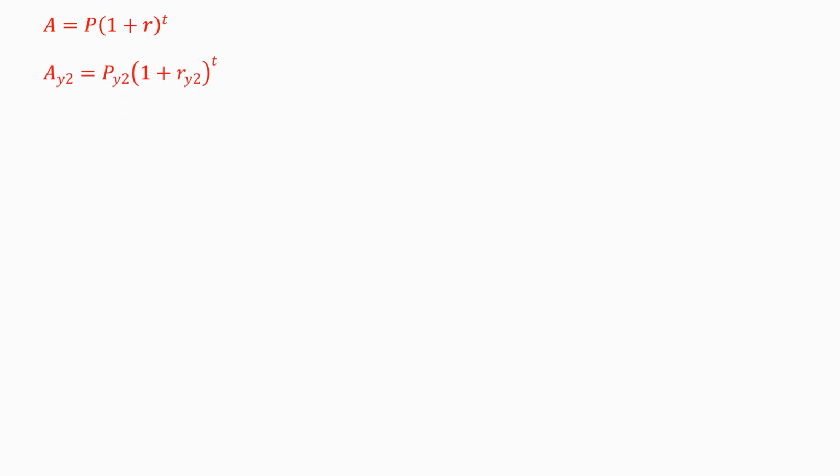So we have the amount in year 2 will be the principal invested in year 2 into 1 plus the rate of year 2 times the time, the period of compounding. So we substitute, we have been given 170,130 is equal to the principal of year 2 into 1 plus 7 over 100, which is 7% per annum, and therefore our T will be 1.